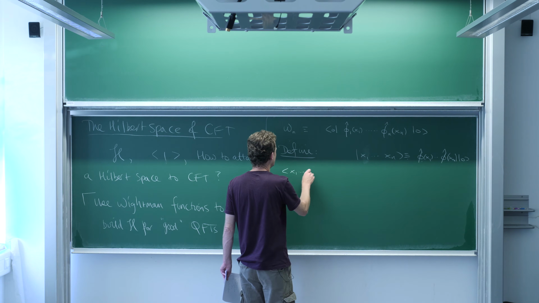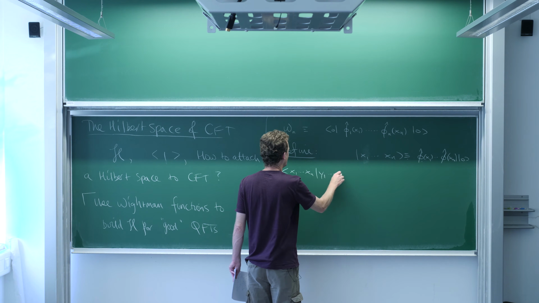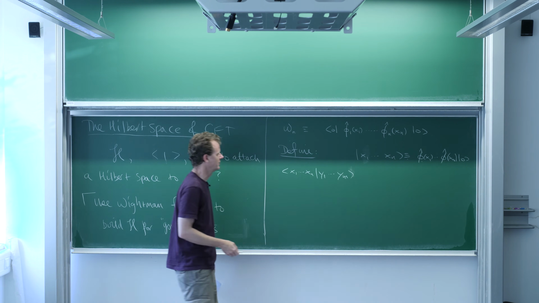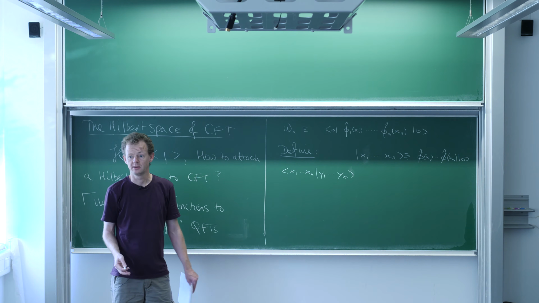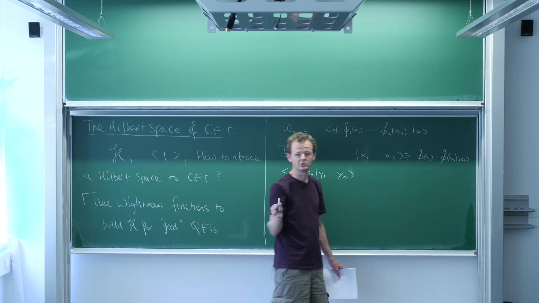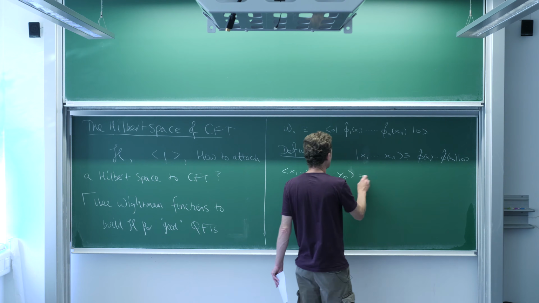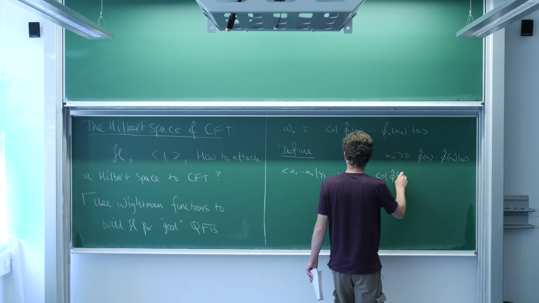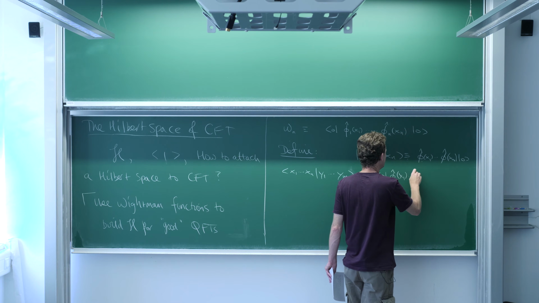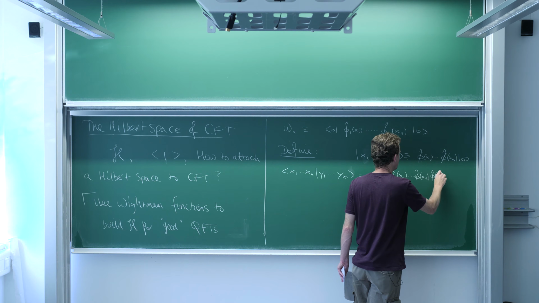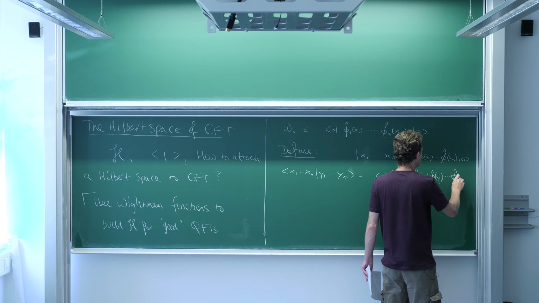Once you've got some states, you might want the inner product. And then how might we find it? Well, if this field operator is Hermitian, and under sufficiently nice circumstances, you could just go ahead and define it like so.